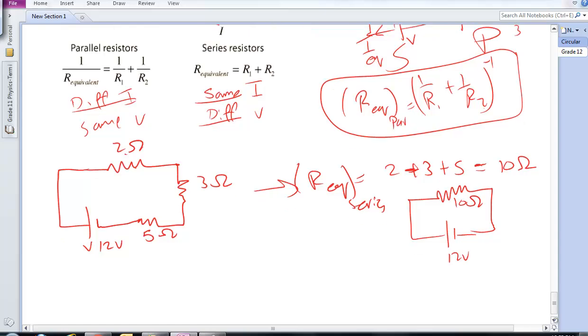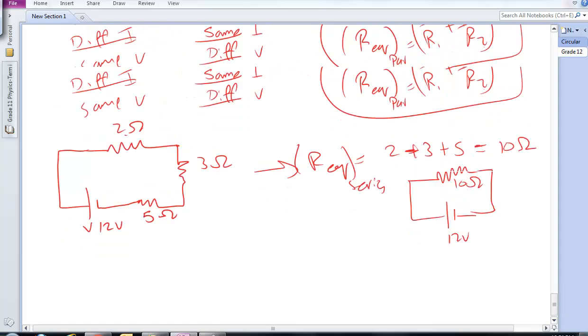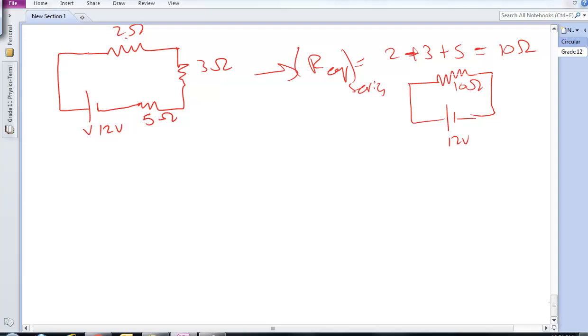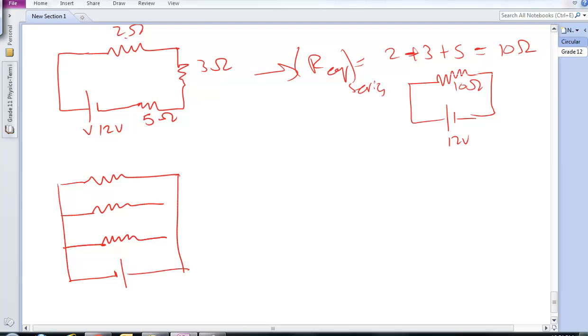This is a series circuit. If I have a parallel circuit, so 1, 2, 3, and this is also 2, 3, and 5, and this is 12 volts.